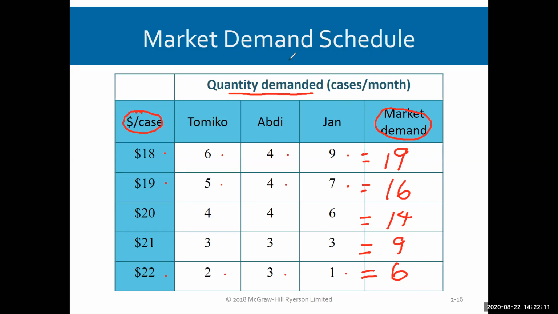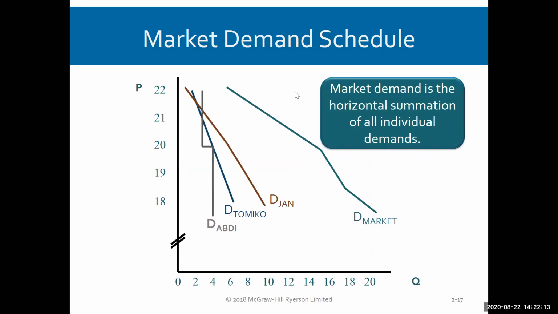So let's clear this, move to the next, and we see the graphs. In this graph, we take a peek and we see we've got our individual demand curves. There's Abdi, there's Tamika, there's Jan, and all we do is add them all up horizontally. We add up the quantities just like we did on the table, and we get the market demand curve.